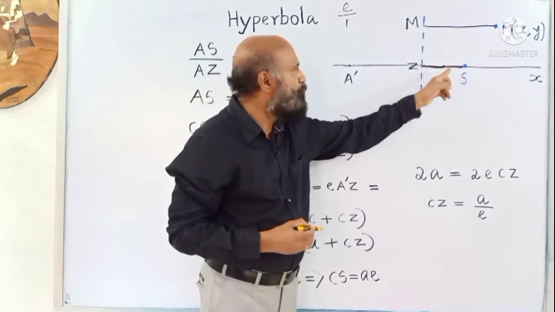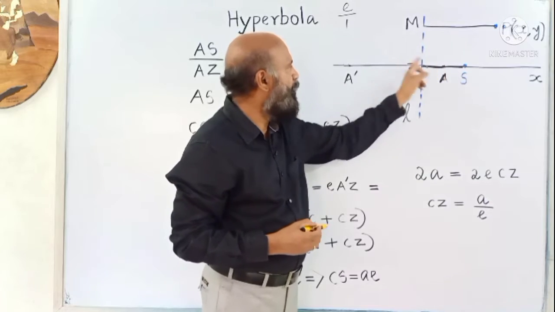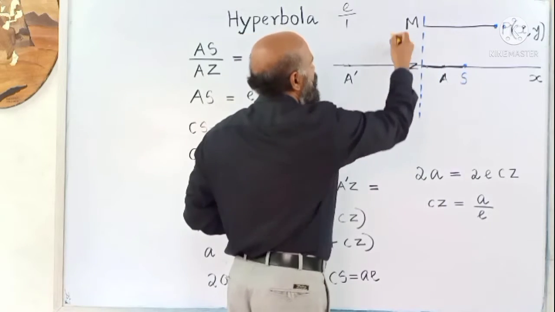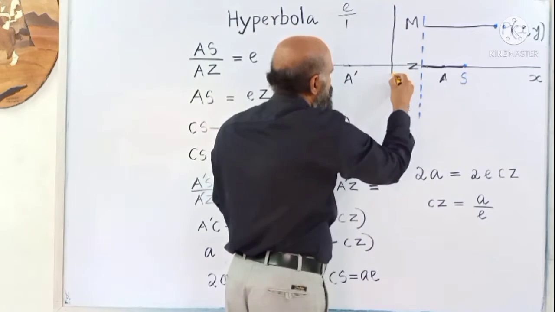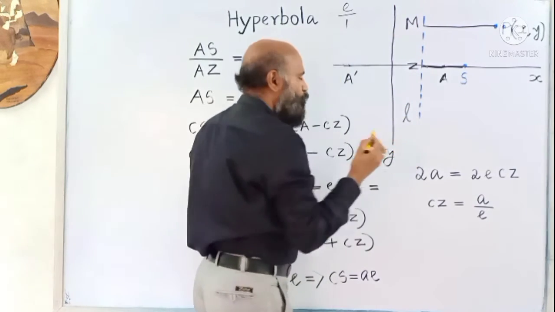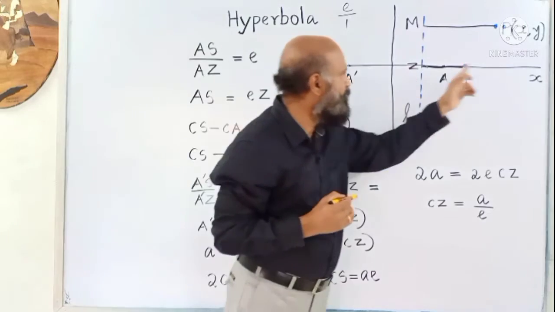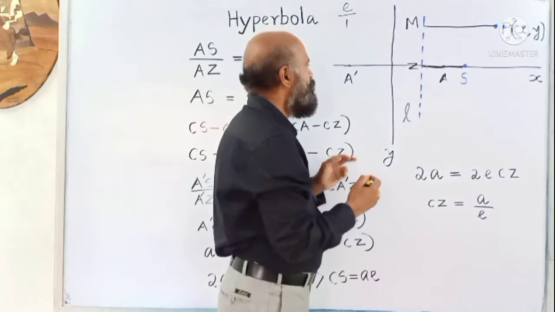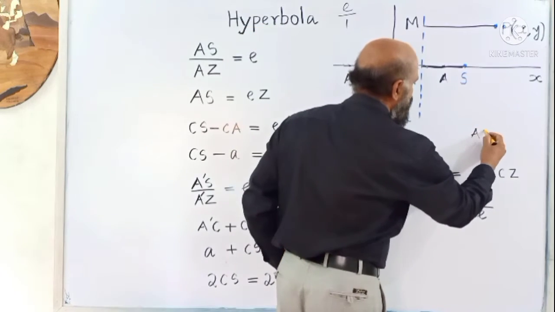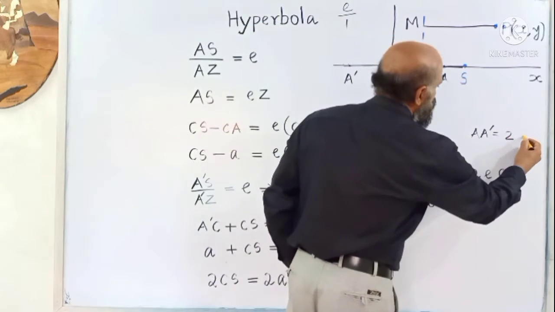And you draw the perpendicular bisector of A A dash. That is the y-axis. So this is the x-axis and this is the y-axis.